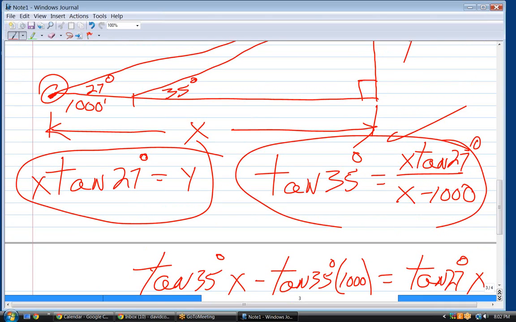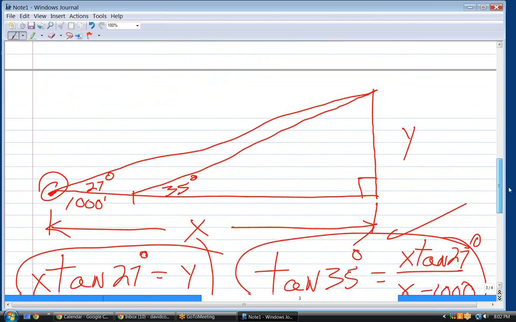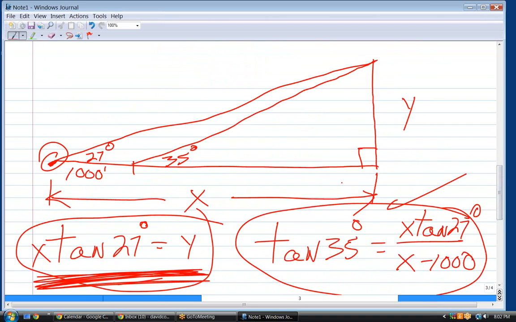And then once you solve for x, solving for y is relatively easy. Just substitute whatever you got for x into this equation on the left here. That gives you the height of the mountain. It's pretty clever, isn't it? I mean, if you think about it, you can be 100 miles from that mountain.